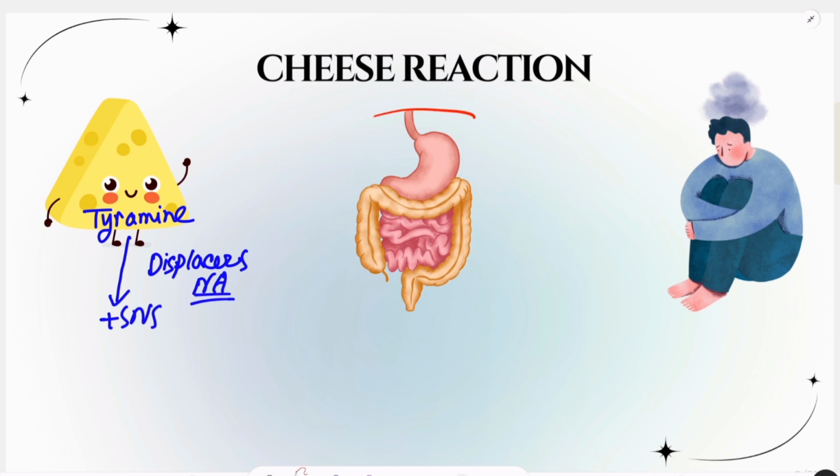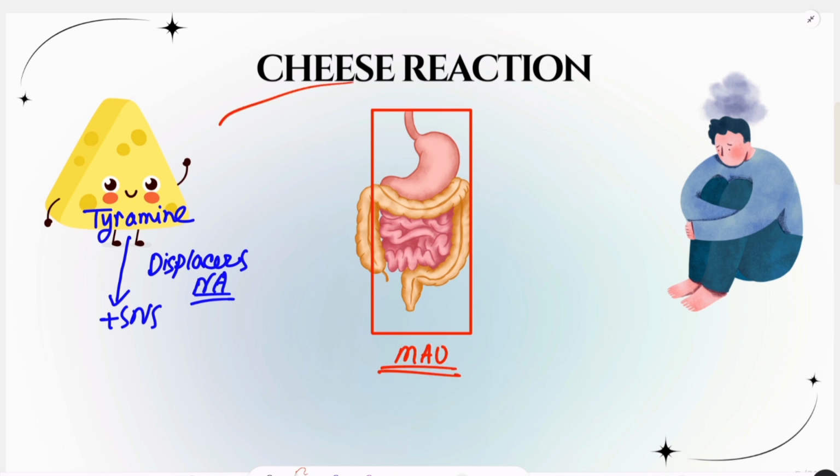A normal person has monoamine oxidase in his gastrointestinal tract. So when cheese is taken orally, the tyramine within the cheese is broken down by this monoamine oxidase in the gastrointestinal tract. So no tyramine enters the circulation and there is no stimulation of the sympathetic nervous system.